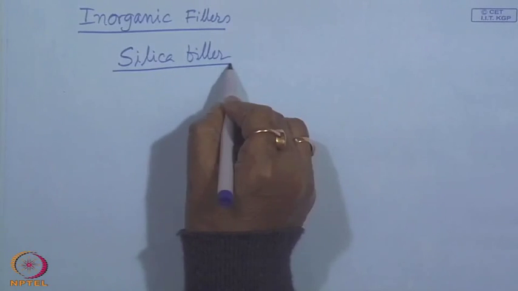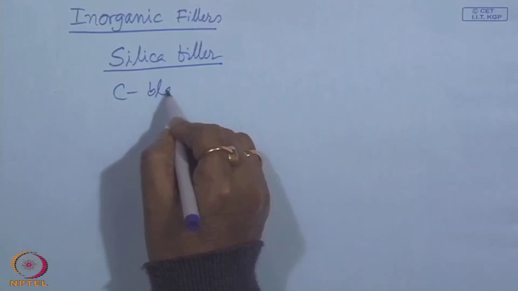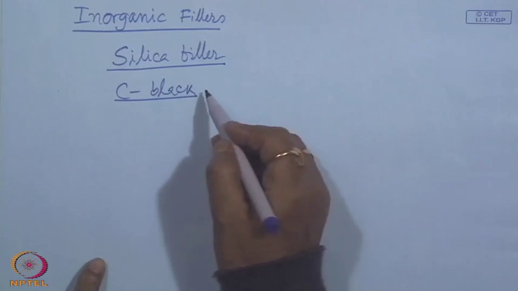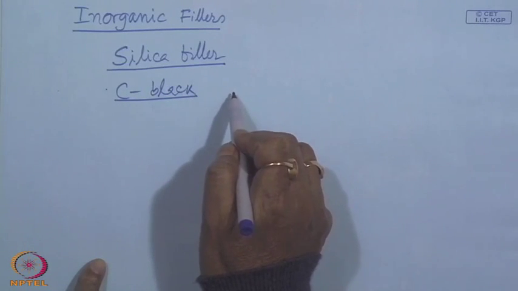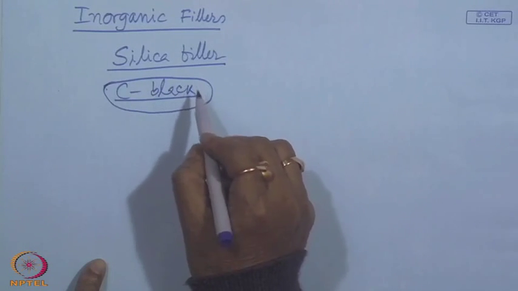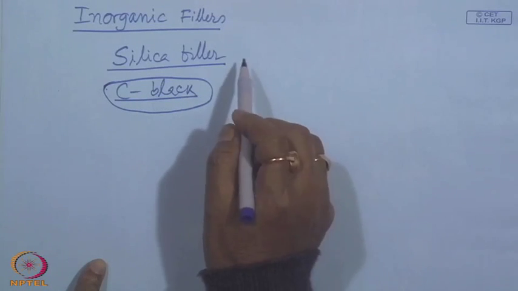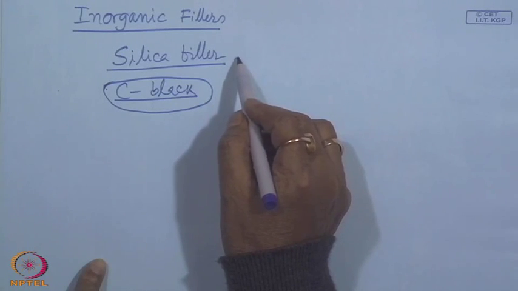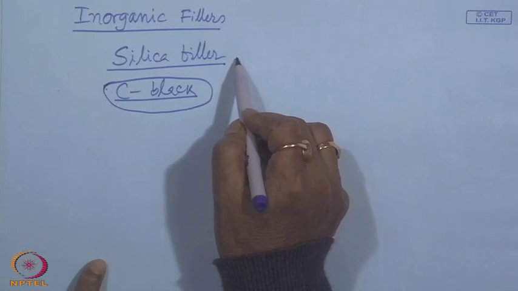Now, this is not compatible with hydrocarbon rubber, whereas carbon black, as I discussed earlier, is very miscible and compatible with these hydrocarbon rubbers. This carbon black can be easily accommodated by rubber, and there can be interaction between the carbon black particles and the rubber molecules, whereas silica filler cannot enter into interactive physical anchorage or chemical anchorage to the rubber polymer chain.